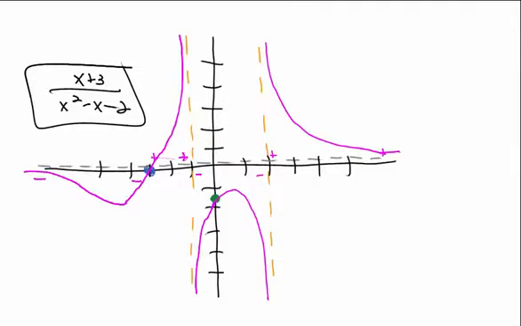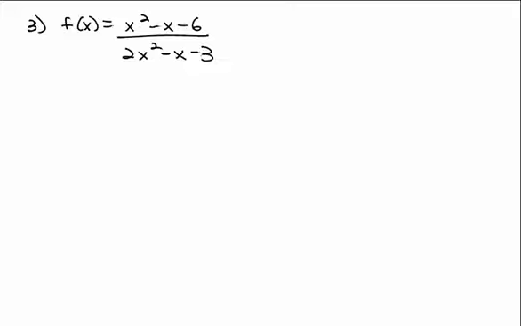Let's try another graph. Let's do the graph of f of x equals x squared minus x minus 6 over 2x squared minus x minus 3. Again, finding our 5 things. The x intercepts we find by making the numerator equal to 0.